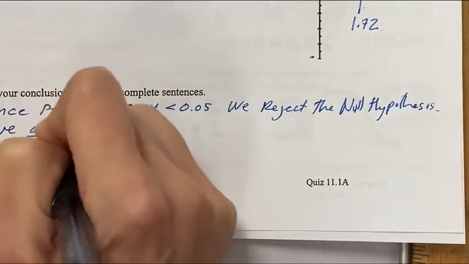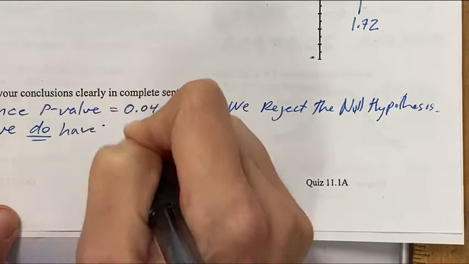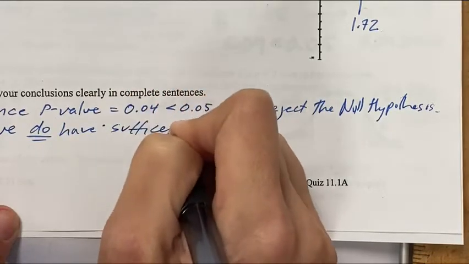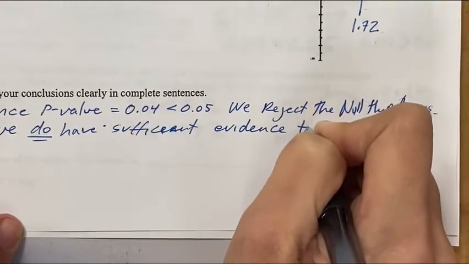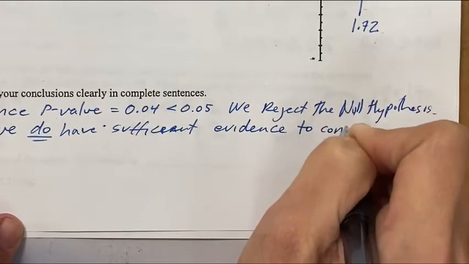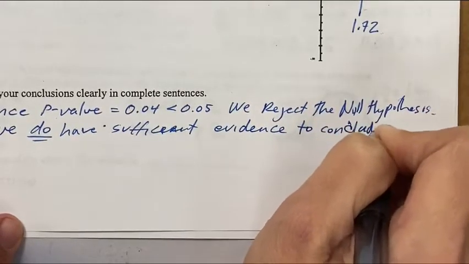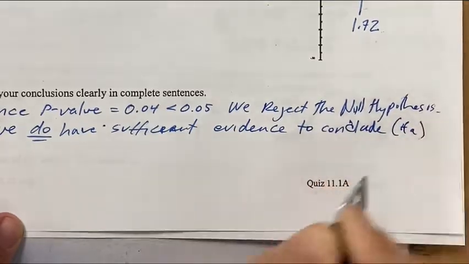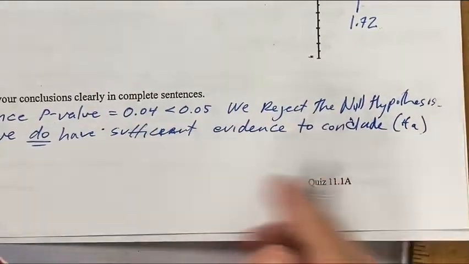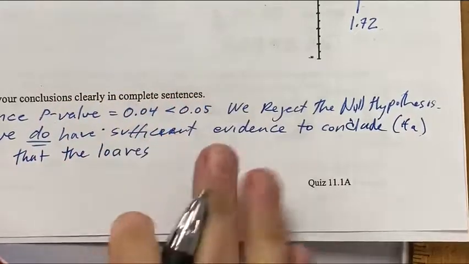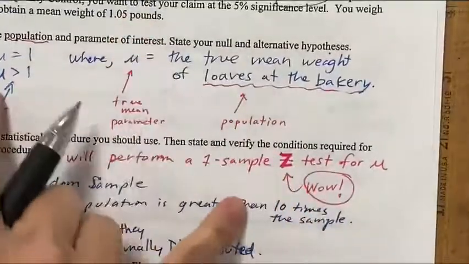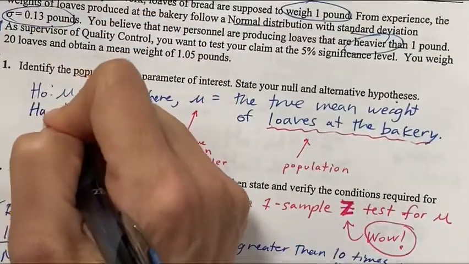We do have sufficient evidence to conclude our H sub A. Now, we should say what the H sub A is. Again, you may have to look back up here. What was H sub A again? Oops, I forgot to put that there.